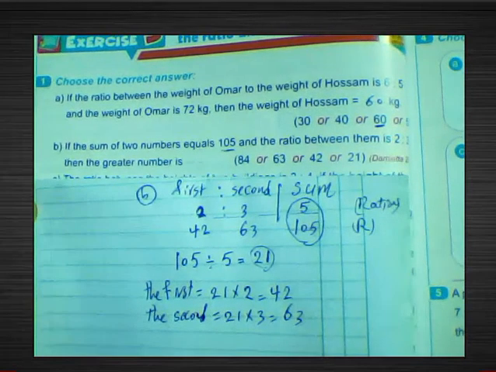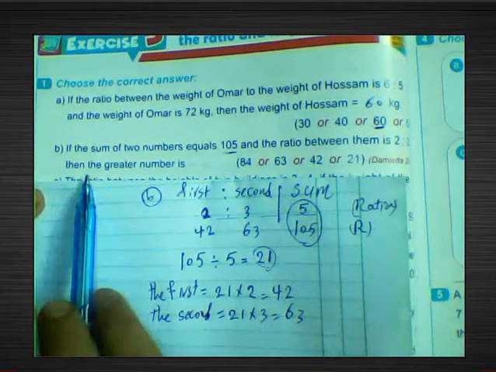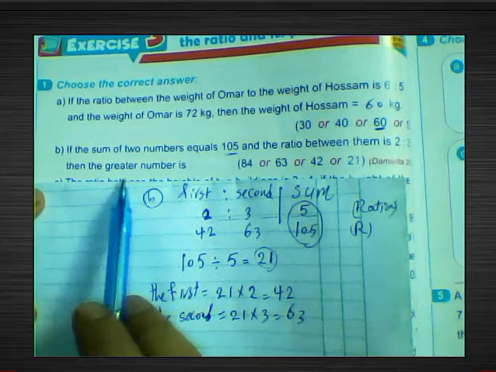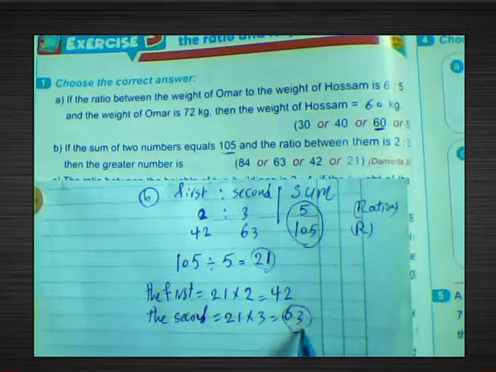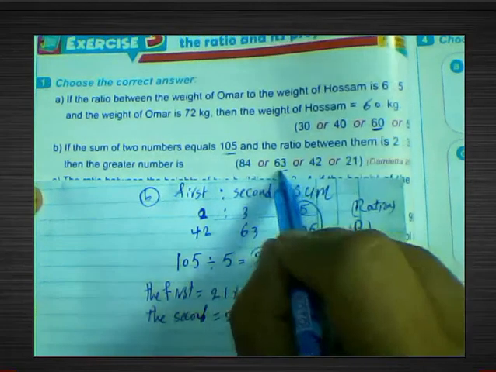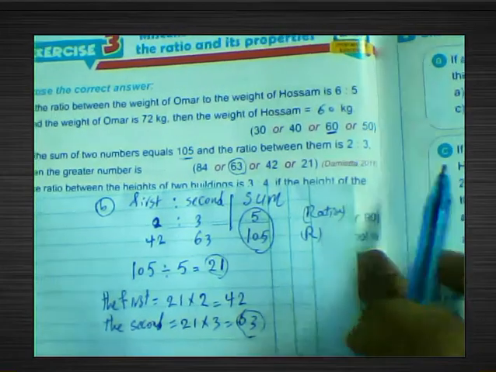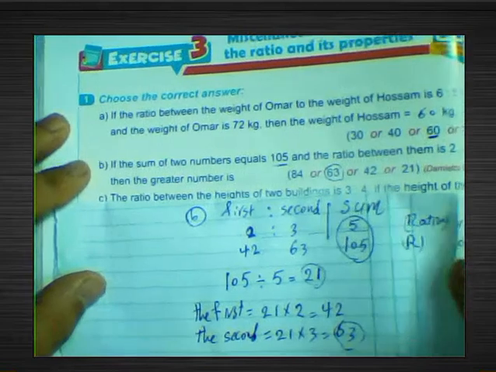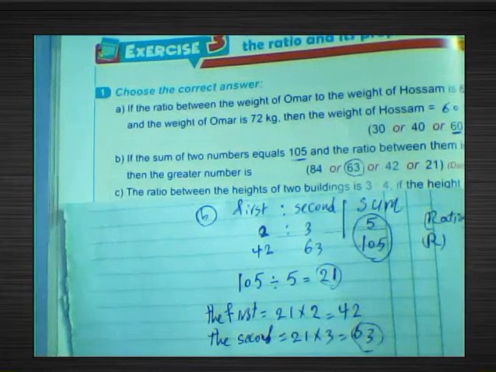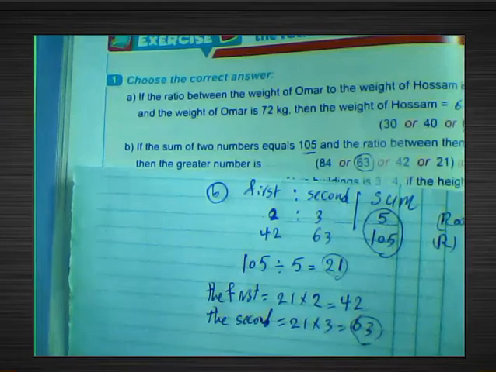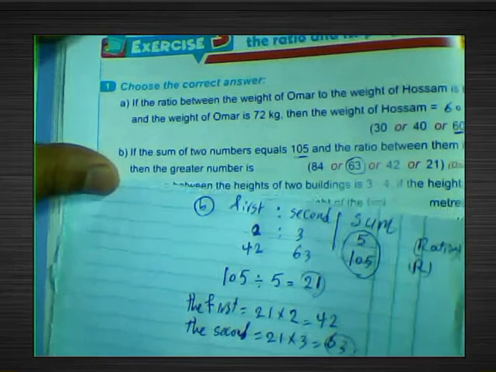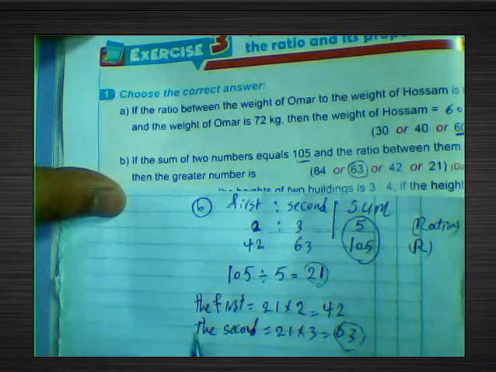He wants the greater number. The greater number is 63. We will circle this result, because you want the greater number. Again, 105 divided by 5 is the value of one part.